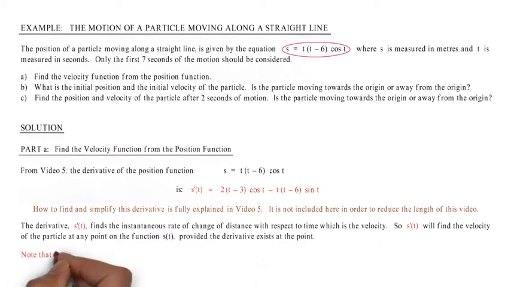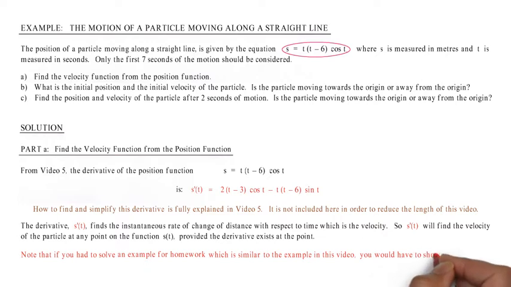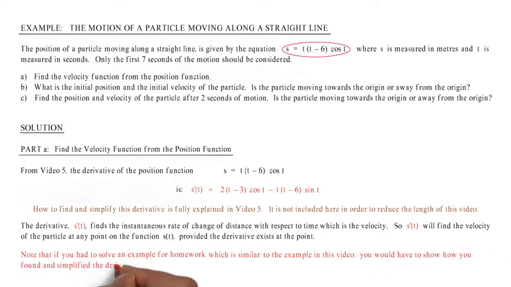Note that if you had to solve an example for homework which is similar to the example in this video, you would have to show how you found and simplified the derivative.